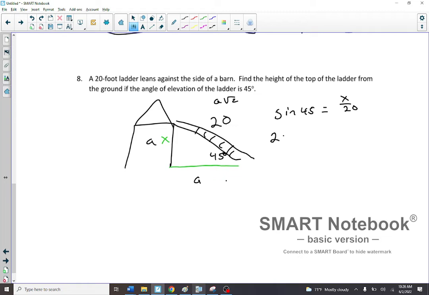So if I know 20 equals A root 2, I could divide root 2 on both sides. So I'm going to do 20 divided by root 2. I'm going to simplify that, which is going to become 10 root 2 after I do all my simplification and rationalization. This is how your answer is going to look in the multiple choice. So make sure you know this just so you can find the answer correctly.